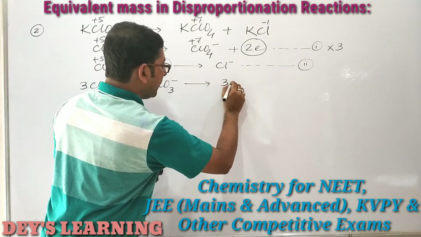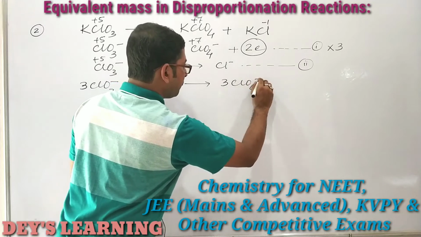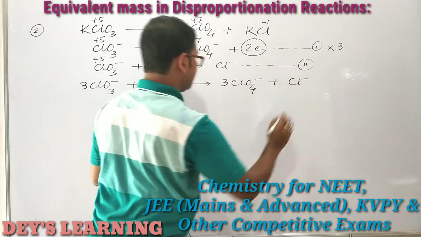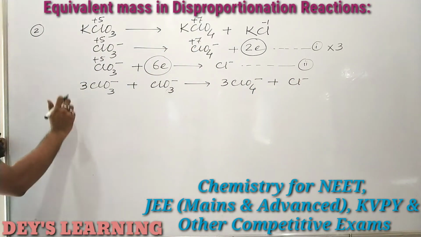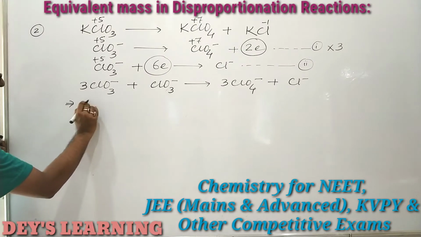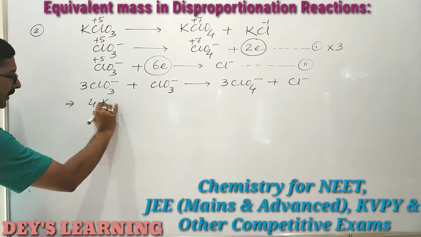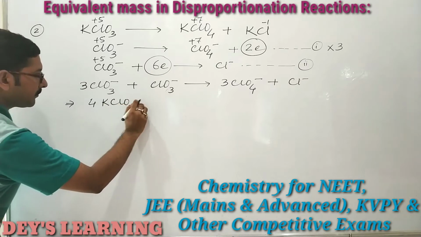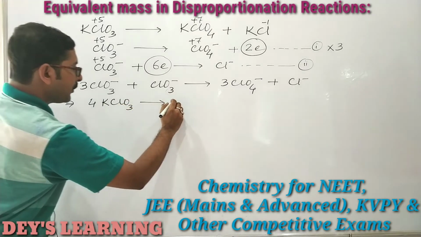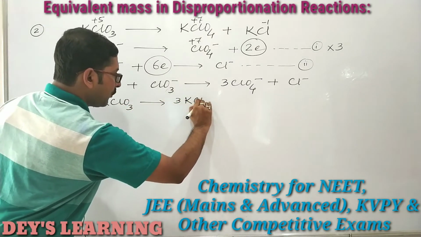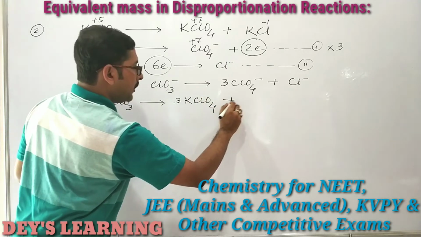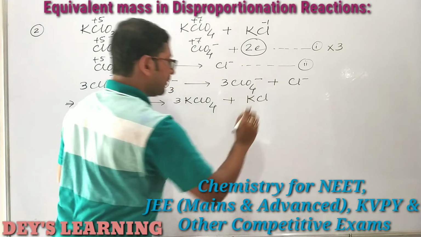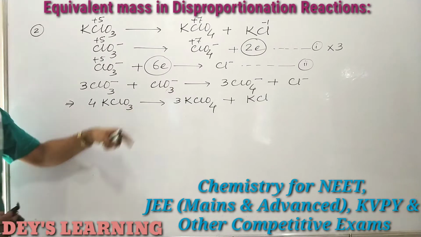It's 3 ClO4 minus plus Cl minus. So actually the balanced equation is 4 KClO3 on heating produces 3 KClO4 plus 1 KCl molecule. This is our balanced equation.